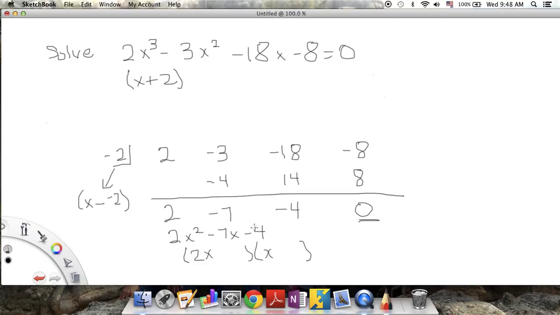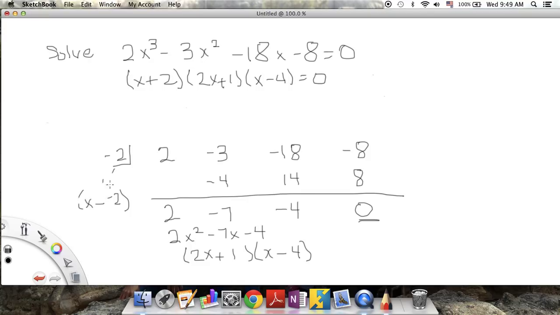We have to figure out what things are going to multiply to give us this -4, and then when we multiply in this 2, we're going to get the -7. So if we do that, we have 2x plus 1 and x minus 4, because here we have -8 plus 1, so that's going to give us our -7. So this whole thing factors down to this.